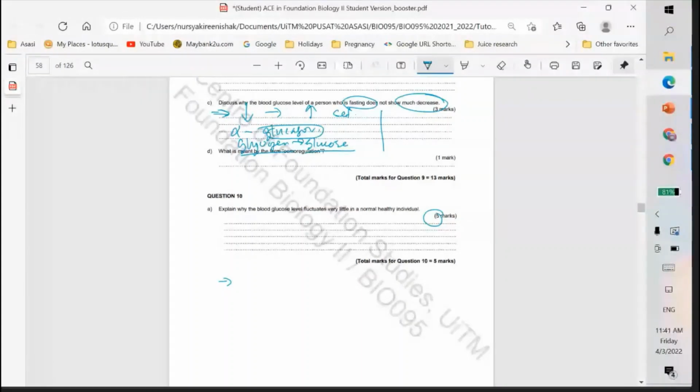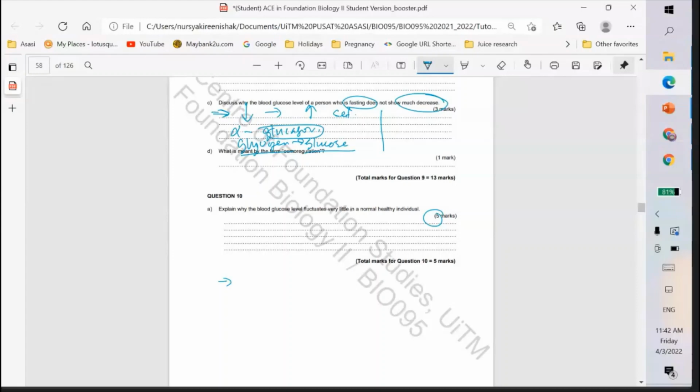So it means that there will be the two hormones, glucagon and also insulin, secreted by the pancreas to regulate blood glucose level. Point yang pertama, the two hormones. There will be hormone from the pancreas to control blood glucose level, which is insulin and also glucagon.